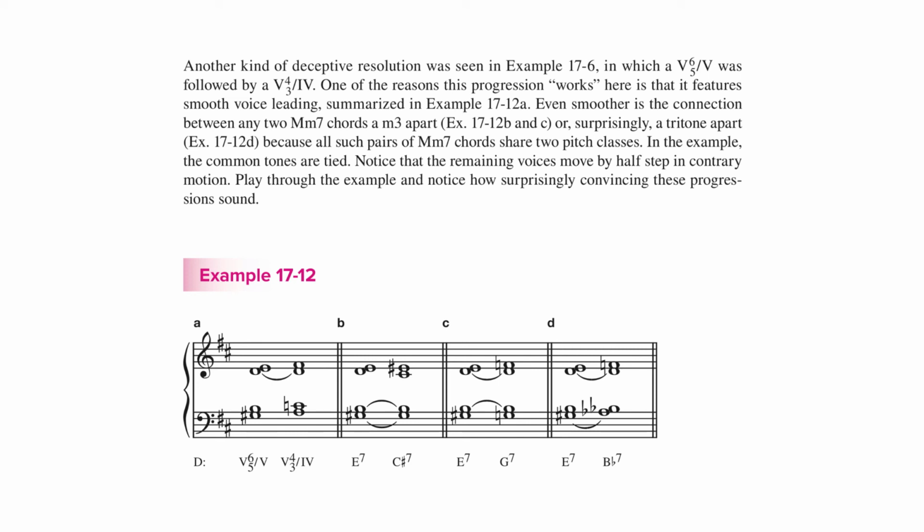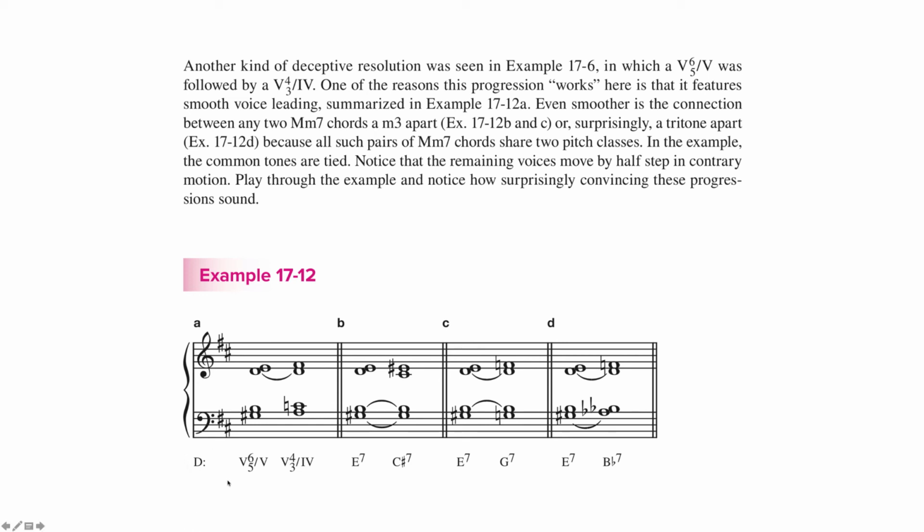Some connections in tonal music might not make sense functionally, but they might still work because of other reasons. For example, in example A, we have E dominant seventh connected to D dominant seventh. Functionally, it doesn't make sense.